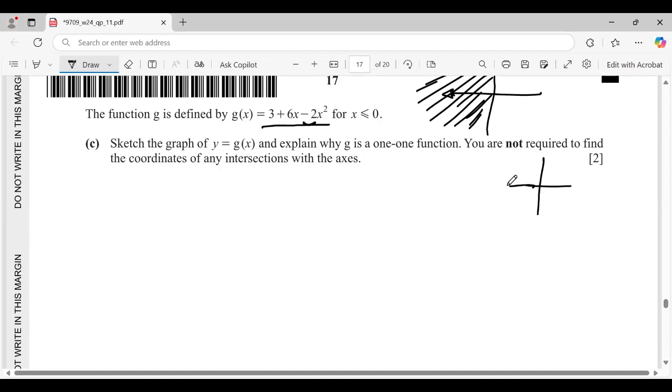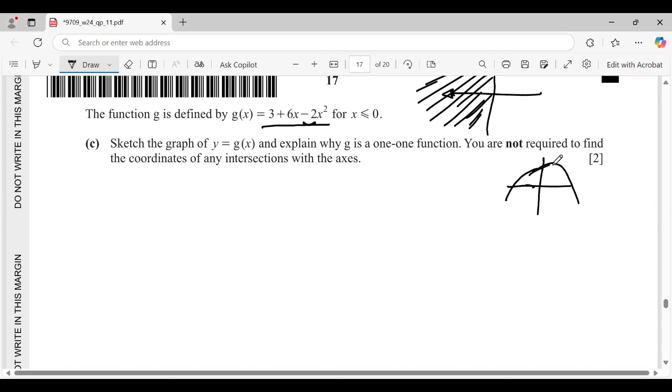So it's like this, open downward, but it is restricted to the domain x less than 0, as in my explanation here.